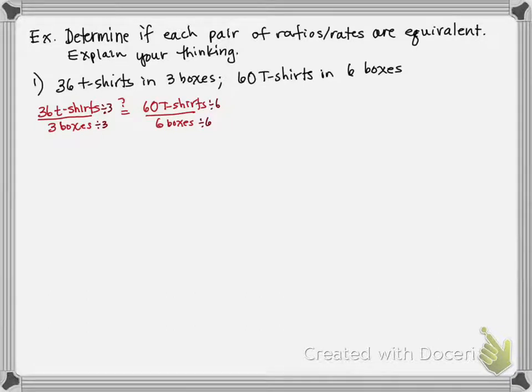36 divided by 3 is 12, so I get 12 t-shirts over 1 box. And again, we're going to look at what we get on the other side. 60 divided by 6 is 10 t-shirts over 1 box.